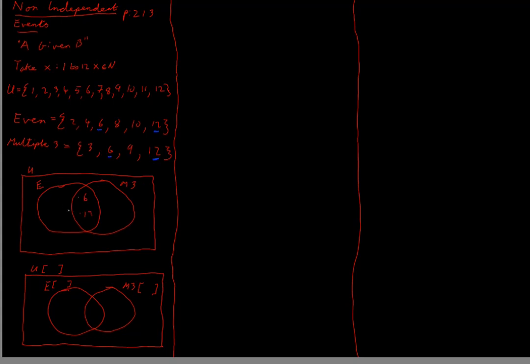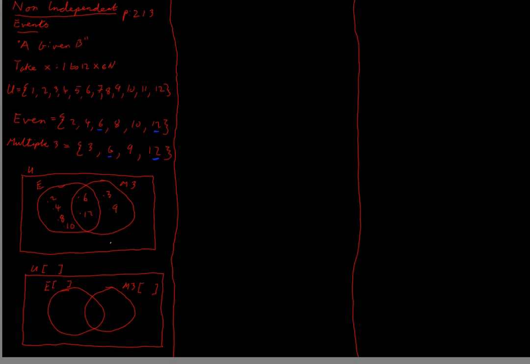Then I would fill in the only even and only multiple of 3 parts. So 2, 4, 8, and 10 are only even, they're not multiples of 3. And my multiples of 3 only would be 3 and 9.